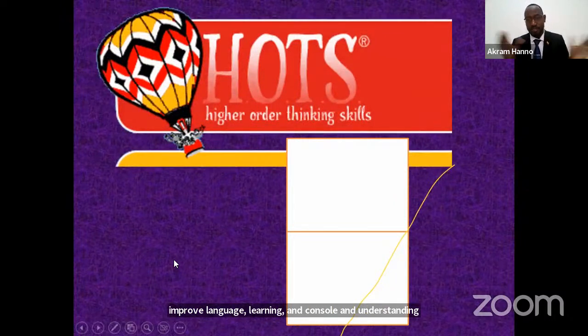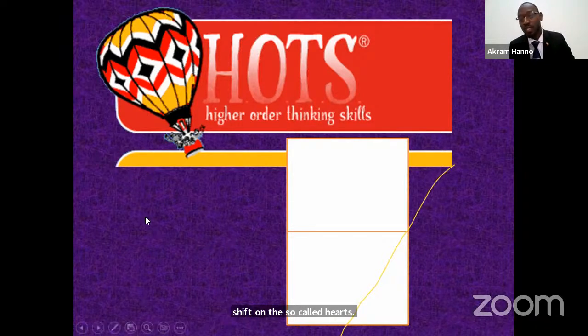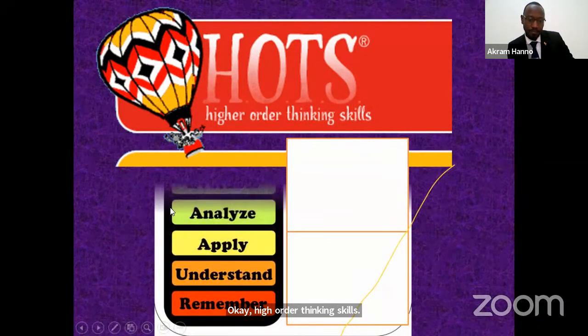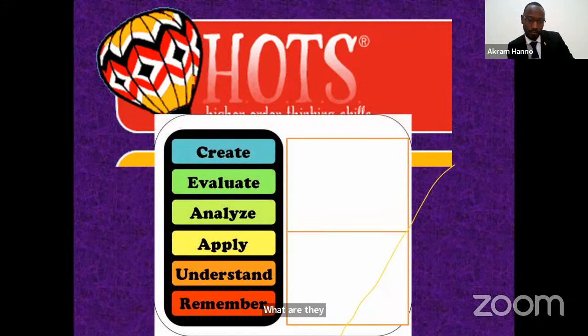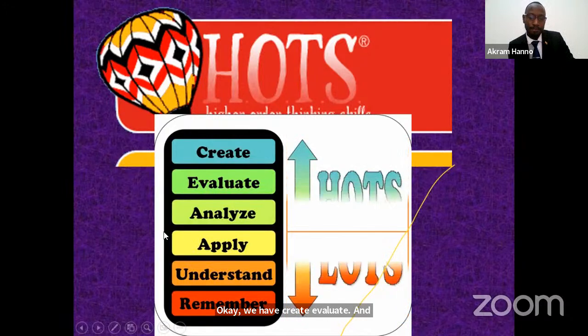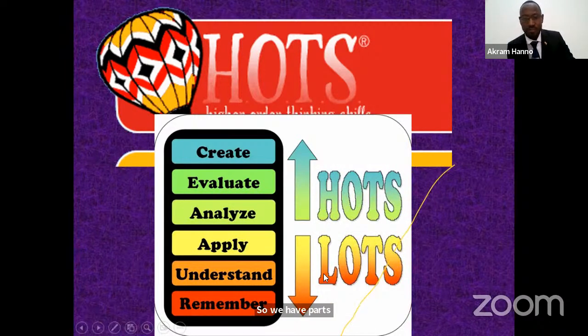Okay, this one was talking about learning strategies. Let's shift to the so-called HOTS, high order thinking skills. What are they? We have create, evaluate, and analyze. And then we have apply, understand, remember. So we have HOTS and LOTS.